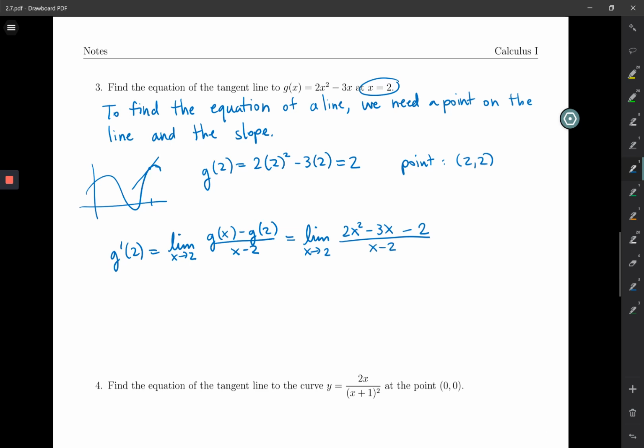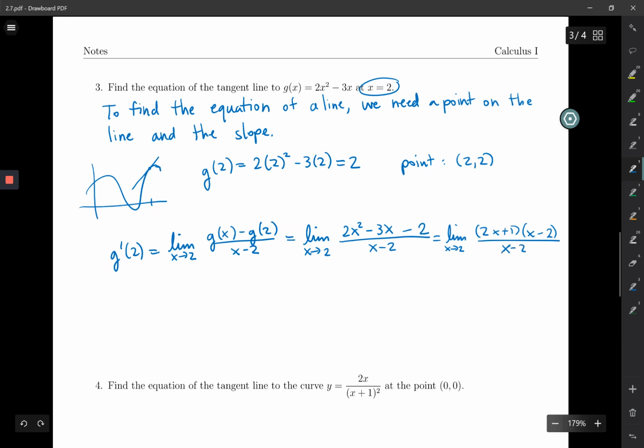Okay, now what we can do is factor this. If you factor this, you get x minus 2 times 2x plus 1. So we can double check that works out and gives us that quadratic.